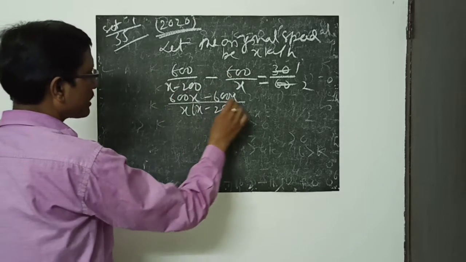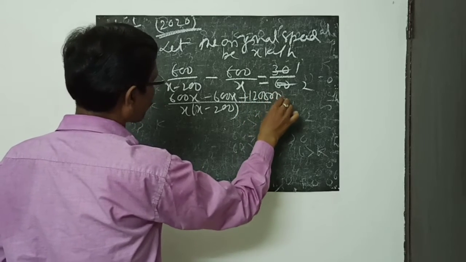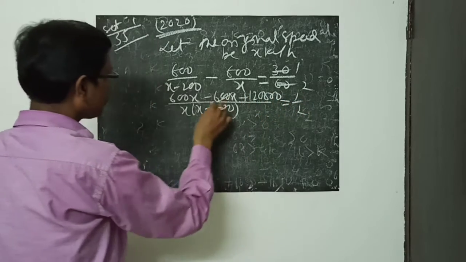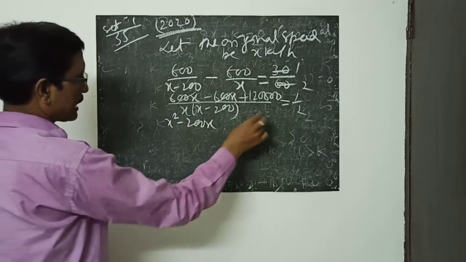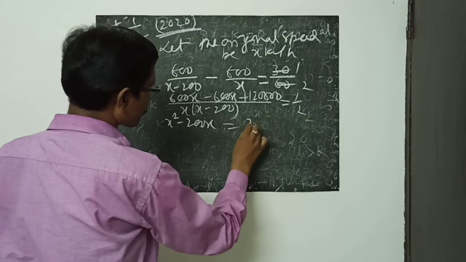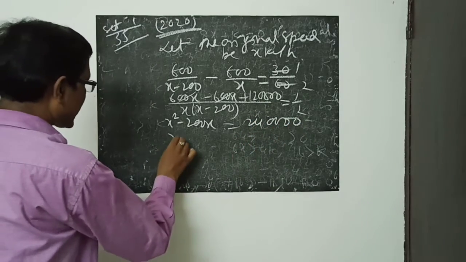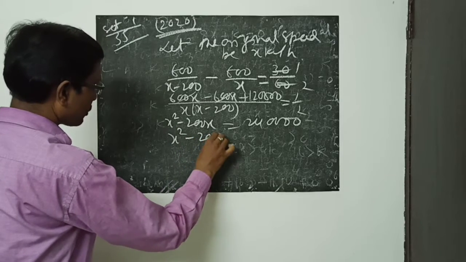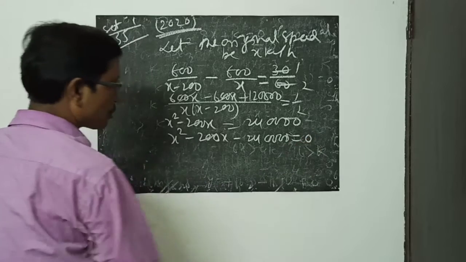Then if you solve, multiplying x into x minus 200, ultimately you get 600x minus 600x plus 600 into 200, that is 12 into 10 to the power 4, equal to half of x into x minus 200. Taking this side, you get x square minus 200x minus 24 into 10 to the power 4 equal to 0.